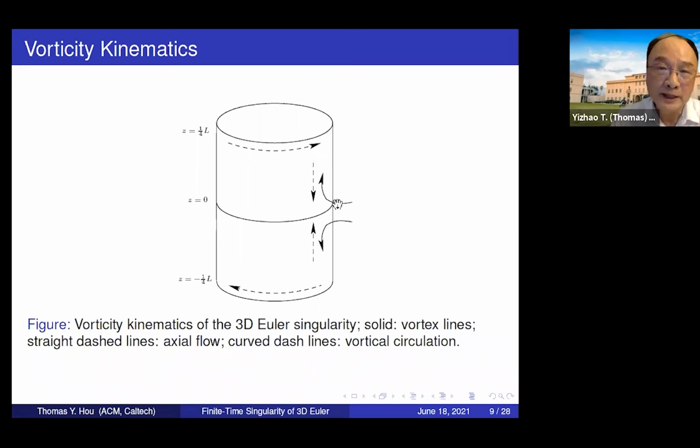So the singularity occurs right at the boundary at the symmetry plane, where, by the odd symmetry, it is equal to 0. So you can see the vorticity enter from the boundary into the interior, and then suddenly change up or down. So the vorticity direction is not smooth. And also this is the stagnation point where the velocity field equals 0, right? And this whole ring becomes singular.